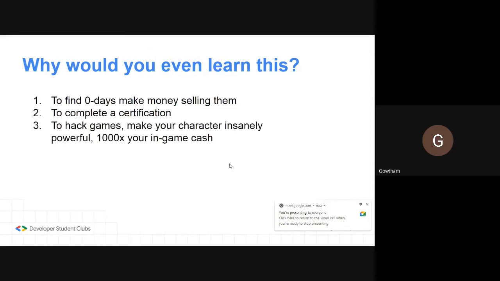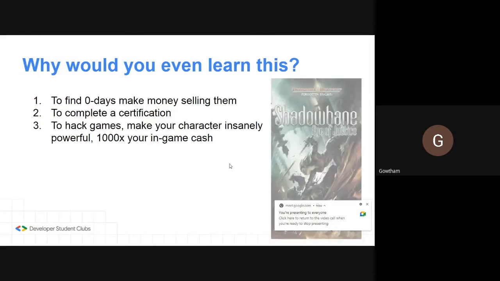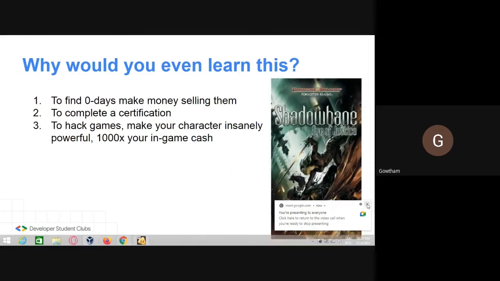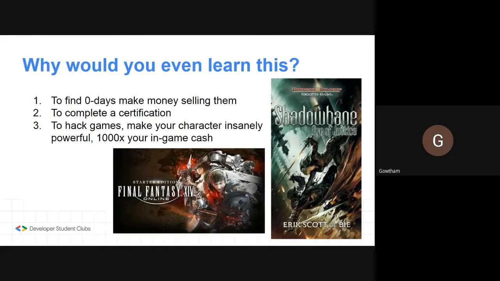If you subtract from 0, it will go underflow, and you'll get an insane amount of money. You'll go into negative, and after negative, you'll go to the highest number in the integer. You can do something like that. Some of the games that have been hacked are Shadowbane and Final Fantasy.